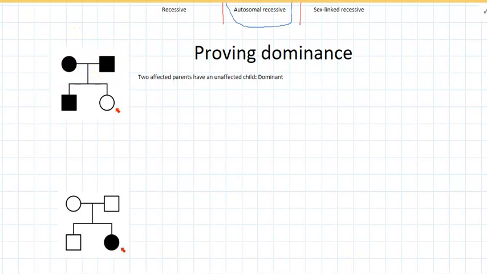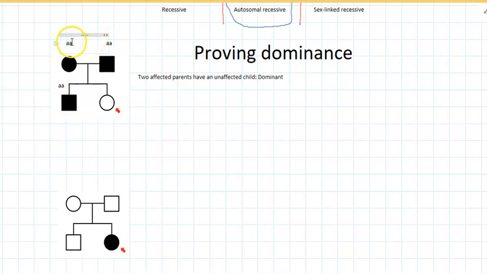Well, it's best to think of it the other way around. If this condition was recessive, that means that the mother here would be homozygous recessive. Let's just use A's for this gene. And the father would also be homozygous recessive because he's affected as well. This child here, this boy, would be homozygous recessive.